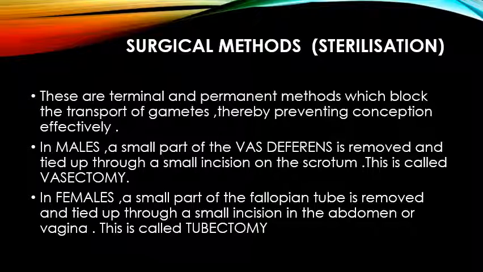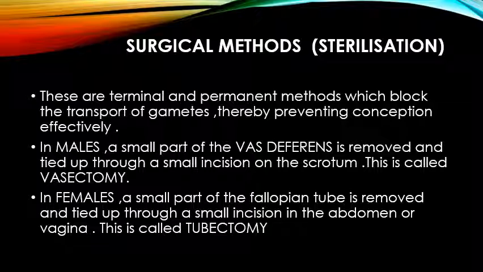The next is surgical methods. These are terminal and permanent methods. Earlier methods we have discussed: natural method, barrier method, oral contraceptive method, injections and implants. They were temporary methods, reversible methods, but these are terminal, permanent and irreversible methods which block the transport of gametes, thereby preventing conception effectively.